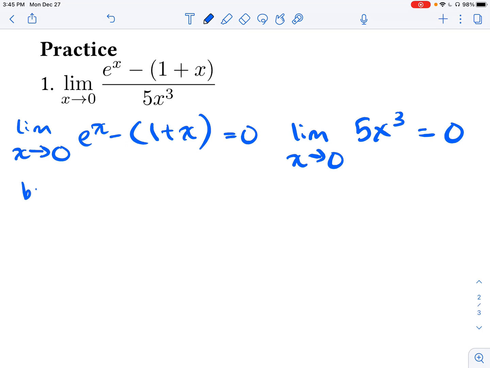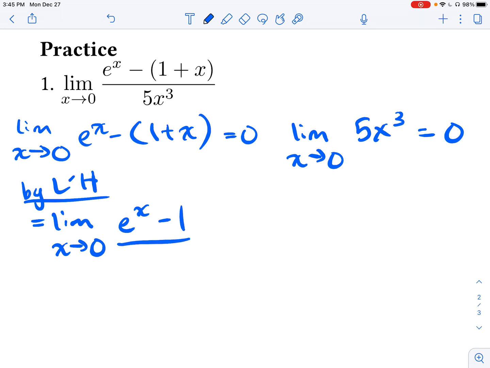So therefore, by L'Hopital's rule, we can say that this original limit is equal to this limit here, the limit as x approaches 0 of the derivative of the numerator, which is just e to the x minus 1, over the denominator, which is 15x squared. Okay, so we're saying by L'Hopital's rule, this original limit is now equivalent to this limit here.